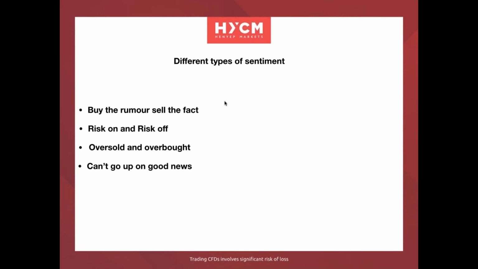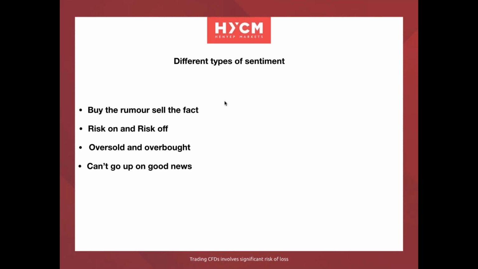The other type of sentiment, something useful to know, is when something can't go up on good news. If you have a currency pair that's being sold off, and then suddenly there's some good news and price seems to rally and then is quickly sold back down, that tells you that the sentiment for that pair is to keep selling it over and over again. So that's always a good tell.